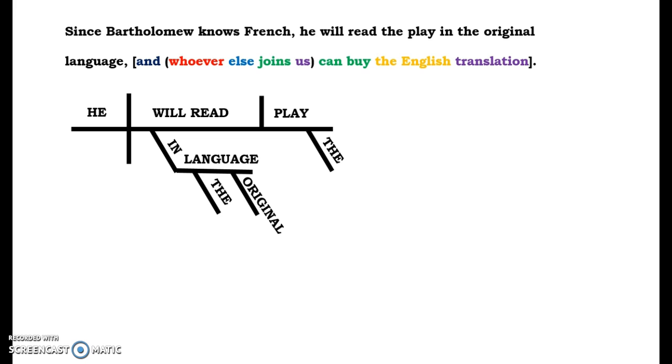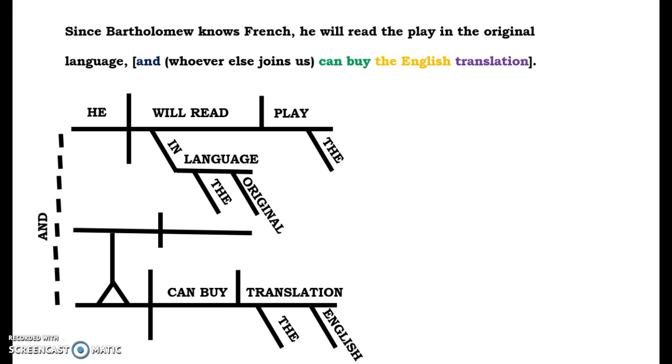Now we turn to the second independent clause. And whoever else joins us can buy the English translation. So first, let's do everything outside of that noun clause: can buy the English translation. So we know that that is going to be descending because it's compound.